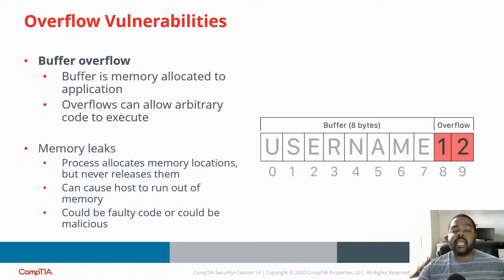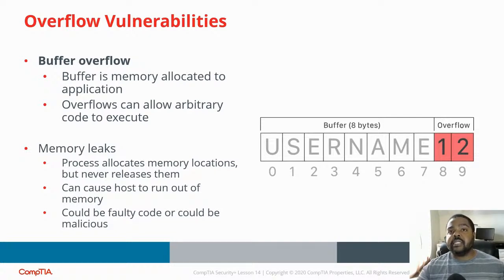Let's say the hacker says, hey, I'm going to put some extra characters in there to see if it sends an error code to the database, and therefore spills out the information that I would like to see in a memory bank somewhere. So this is how you get a memory leak, where it leaks out information because the server doesn't know how to deal with the extra characters that are put in.